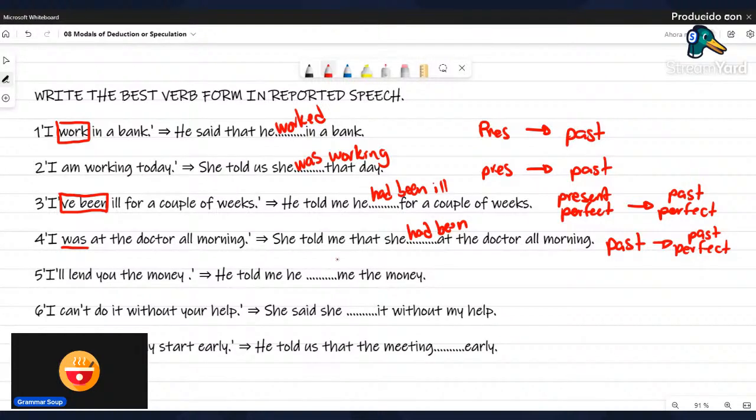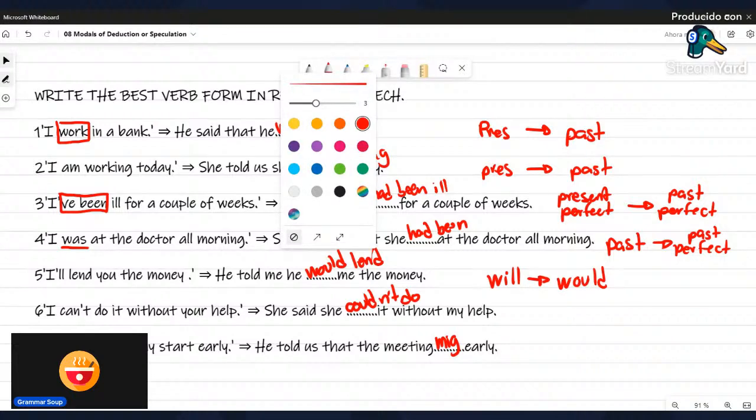Let's see if it's coming after. Okay, it's taking longer, so I think it's a little bit delayed. I think it's almost like 40 seconds delayed. All right. Okay, now as you can see here, that is the way that it works, the reported speech. So we have to use the tense that was before that one.